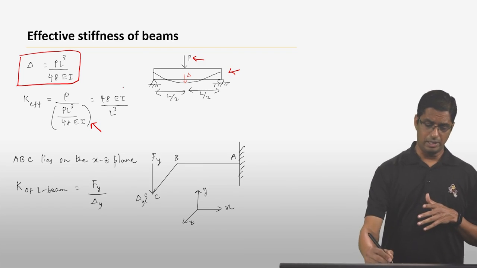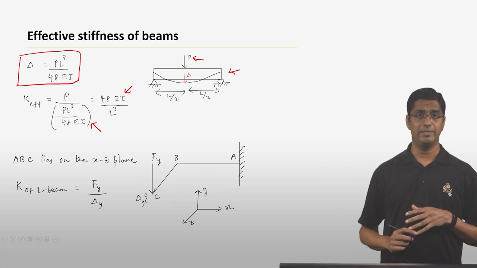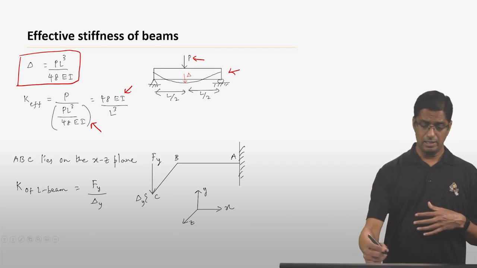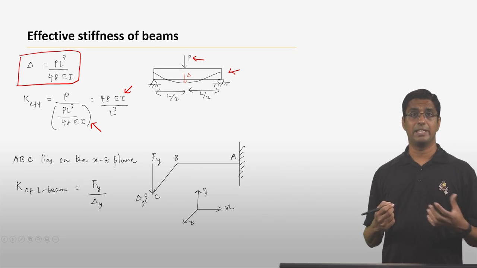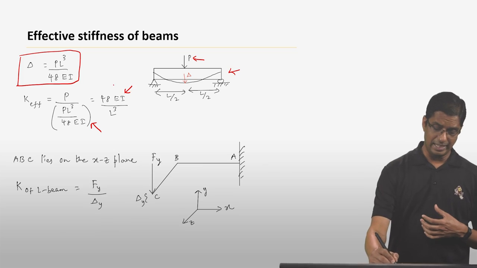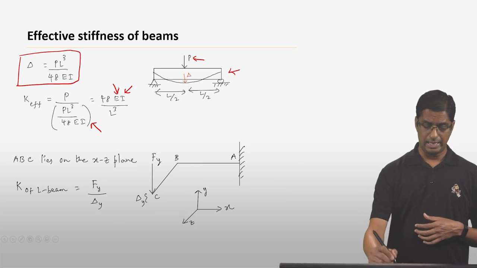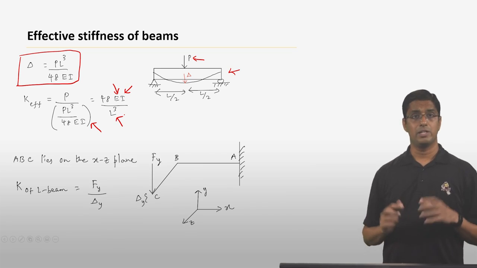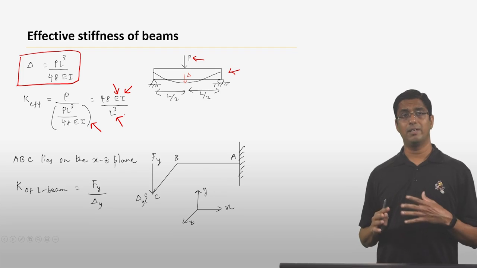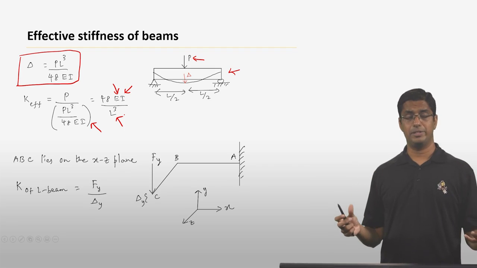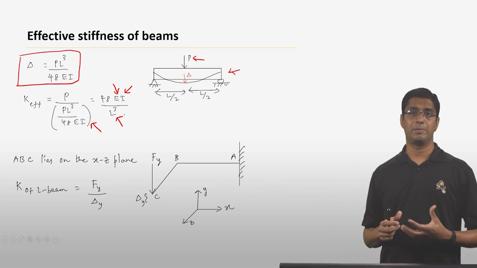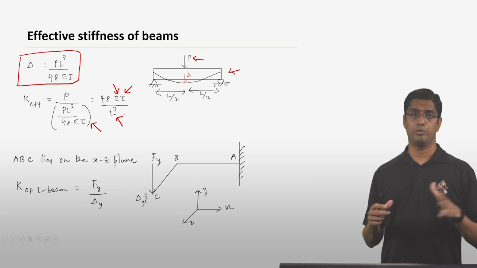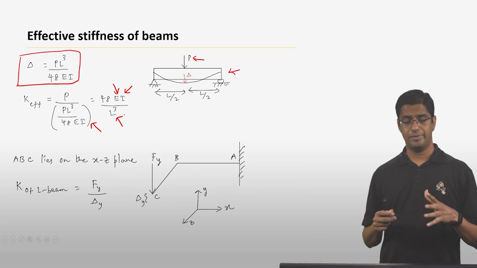The geometry comes in the form of I, the moment of inertia, which is related to the cross-sectional area, and then E is the Young's modulus, and L is the length of the beam. So K effective depends only on the geometry and material properties of the structure. It doesn't depend on the force that you're applying. So that is your K effective.